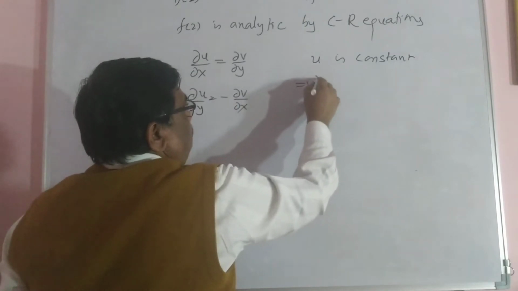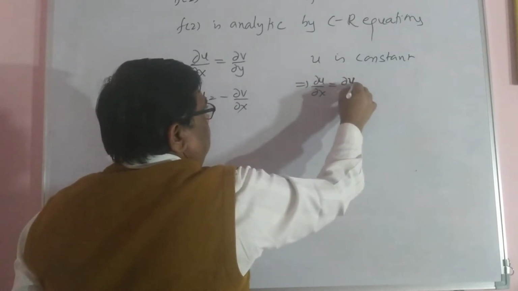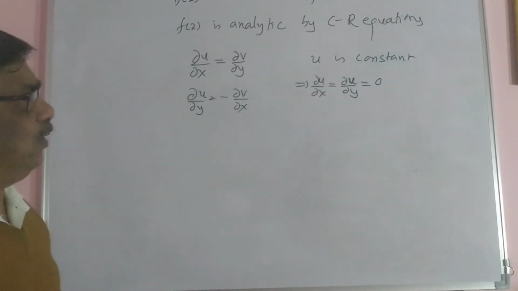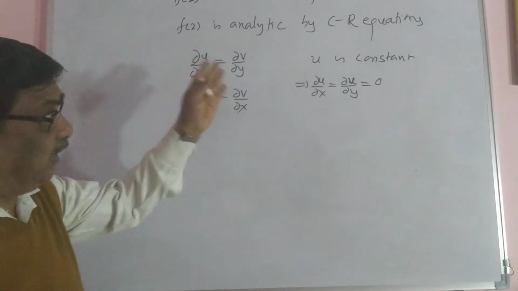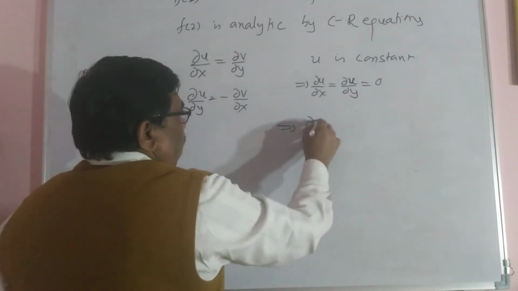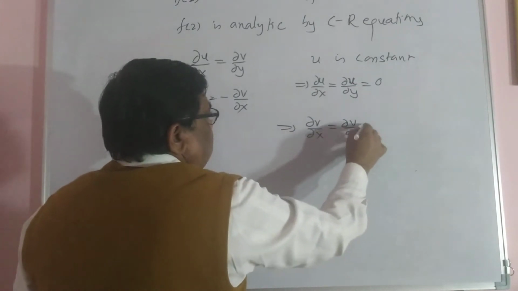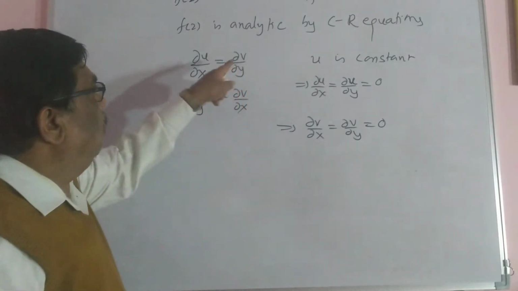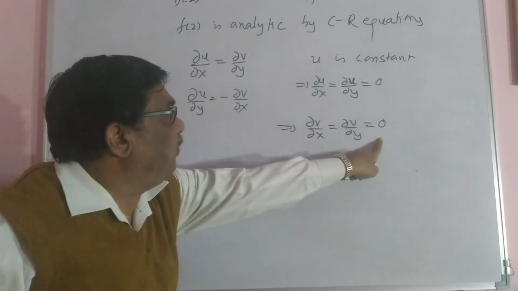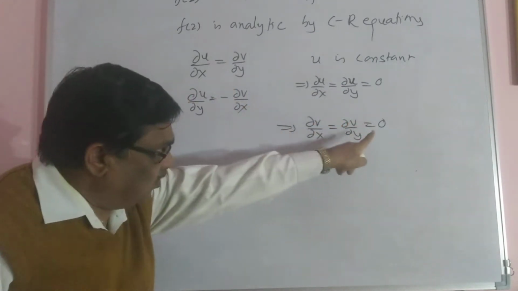this implies dou u by dou x and dou u by dou y, the partial differentiation with respect to x as well as y of that u, are 0. So from these two equations, dou v by dou x and dou v by dou y are also 0, because dou u by dou x is dou v by dou y, so this is 0, and dou u by dou y is minus dou v by dou x, that is also 0.